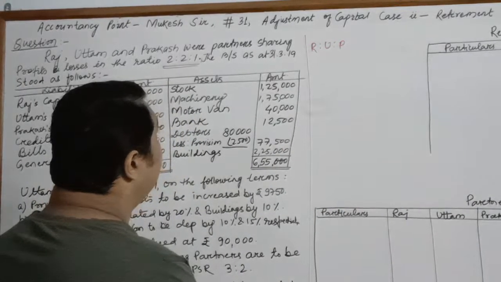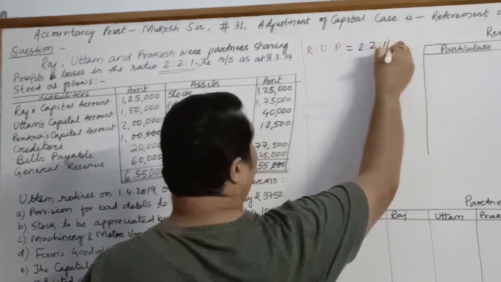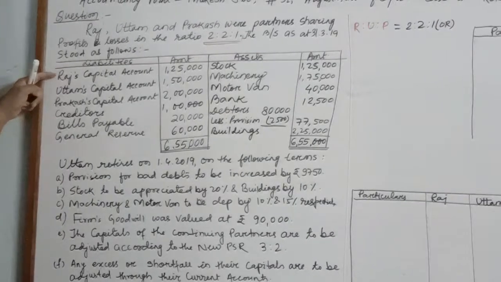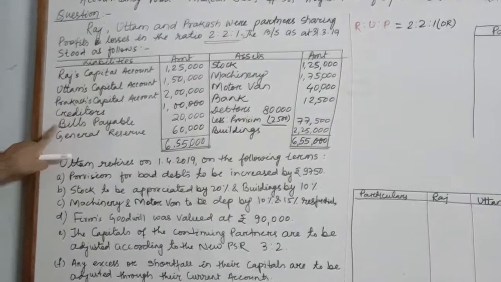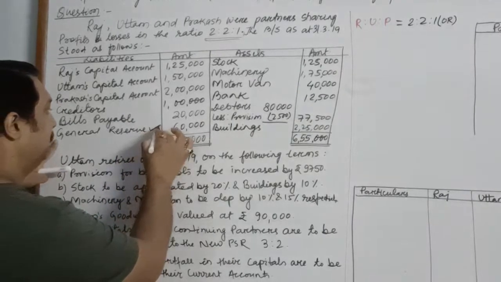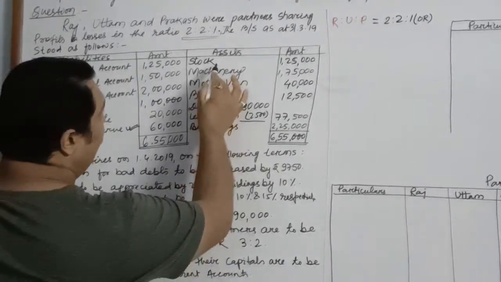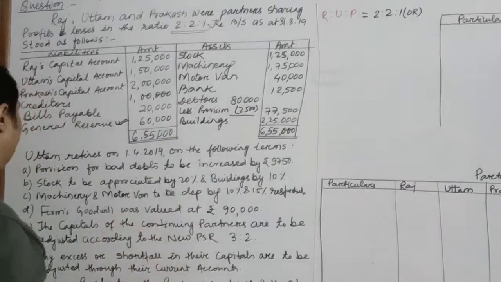These are the three partners whose profit sharing ratios are 2:2:1. This is the old ratio. Then you are given with the liability side the capital account of the three partners, creditors, bills payable, general reserve. This is we distribute amongst the partners. On the asset side we have stock, machinery, motor van, bank, debtors, etc.